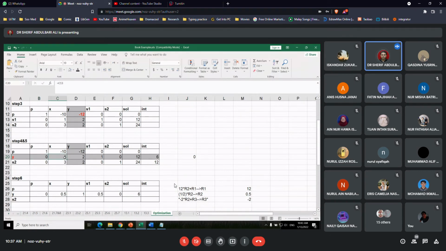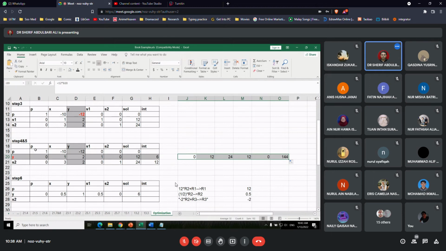Now, 1, 2, 3, 4, 5, 6, 9, 10, that's it. Okay, so now if I subtract this row from this row, what am I going to get?